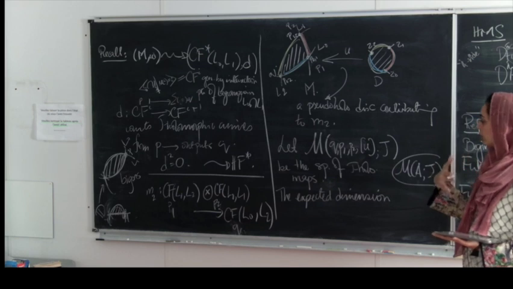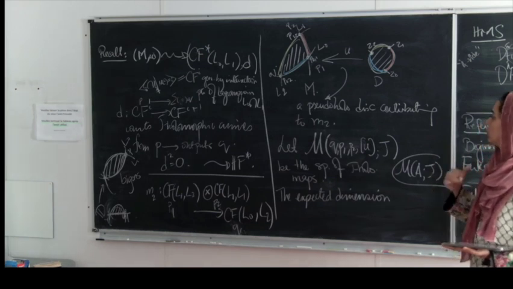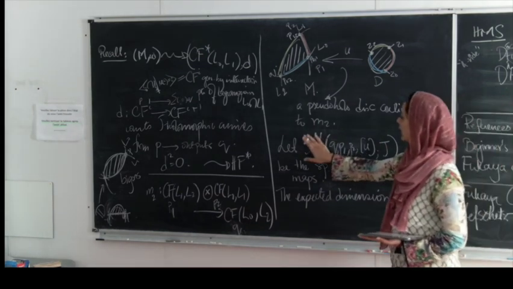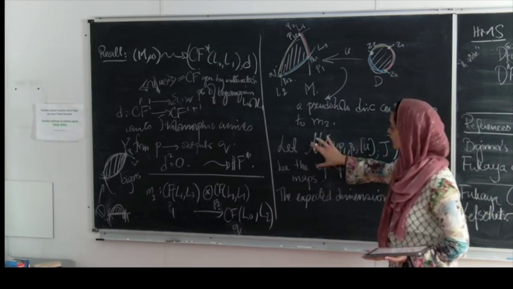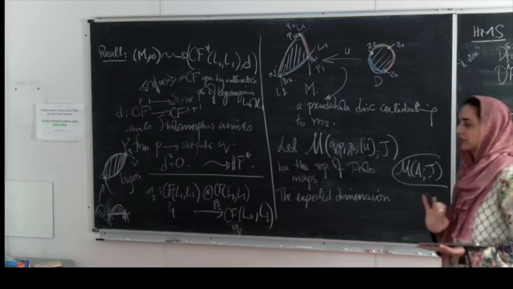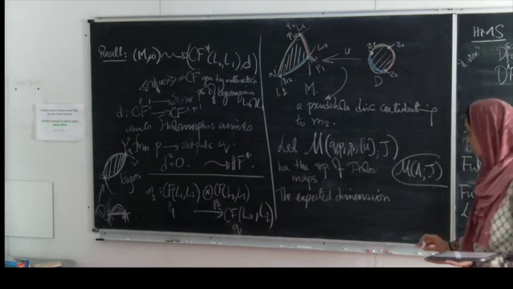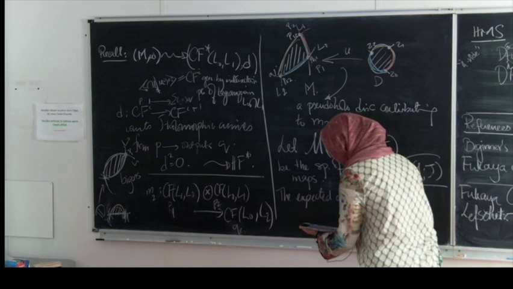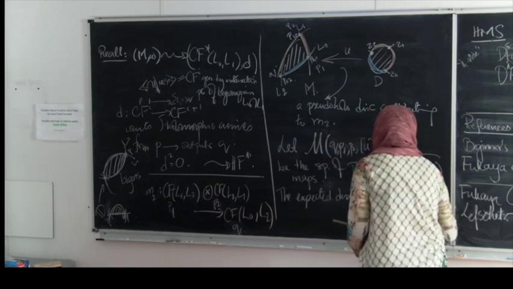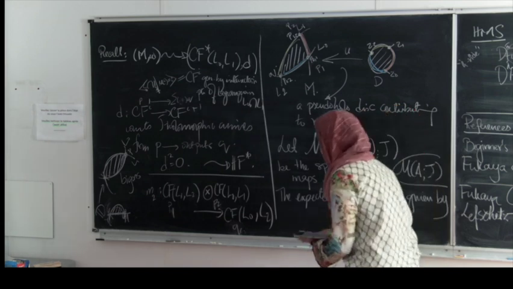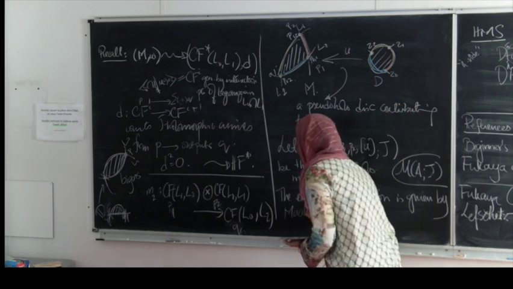Assuming transversality holds, we knew that we have this set of all disks, or this moduli space, is of the right expected dimension. So the expected dimension of this M is given by the Maslov index. I mentioned this yesterday.